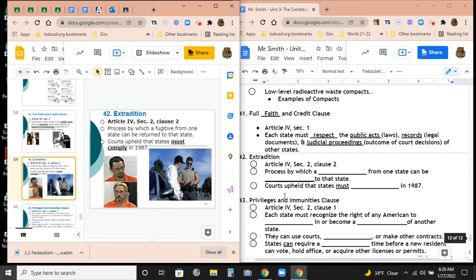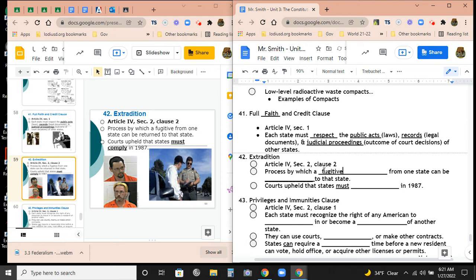Extradition. If you leave a state and you're a fugitive, they're supposed to return you. Article 4, Section 2, Clause 2 is the process by which a fugitive from one state can and should be returned to that state. A fugitive is someone that is running from justice.